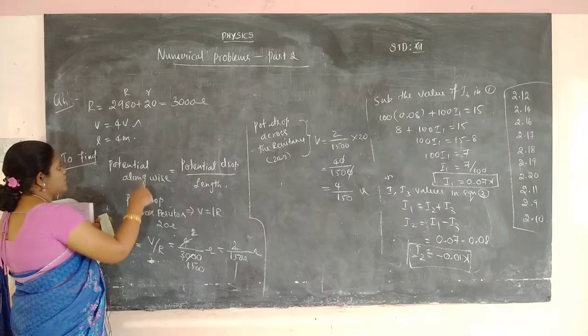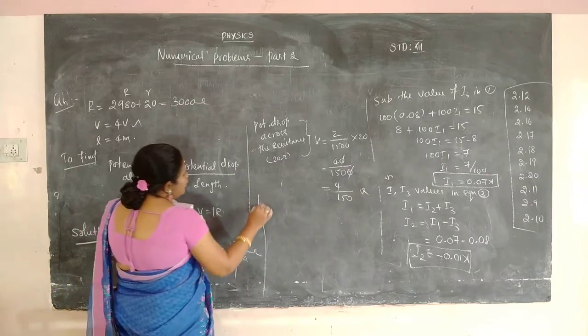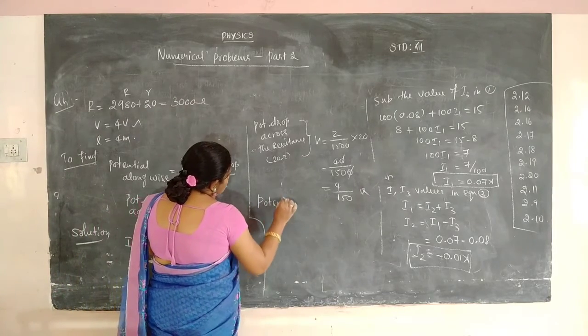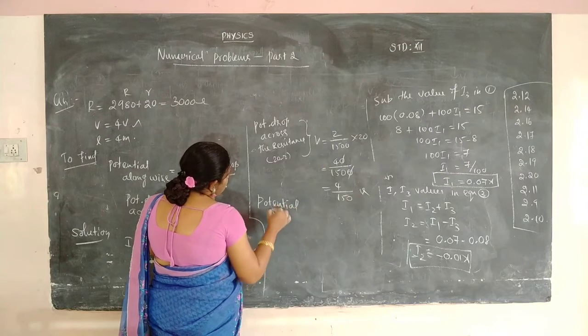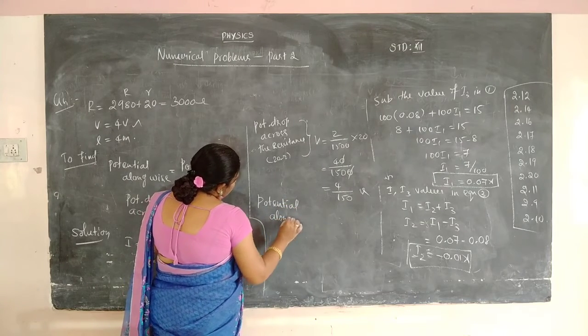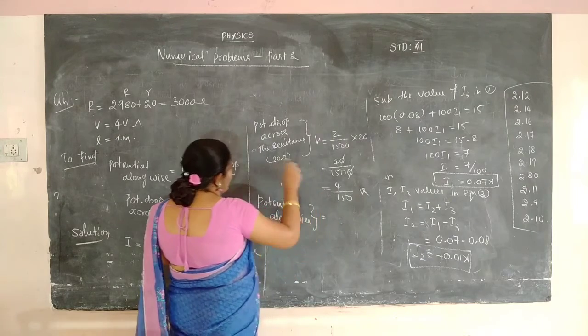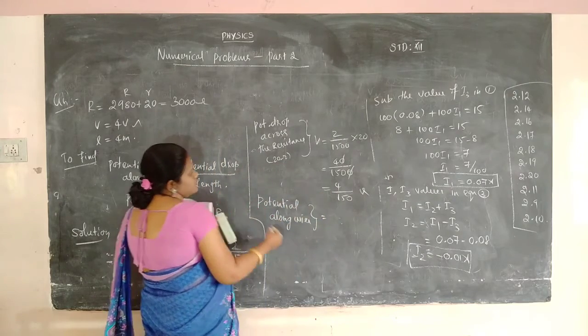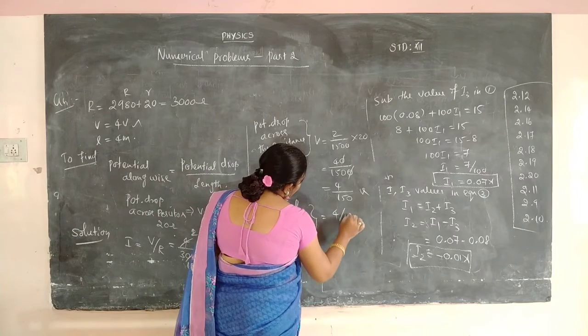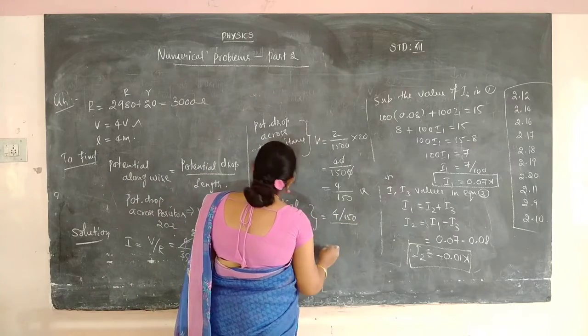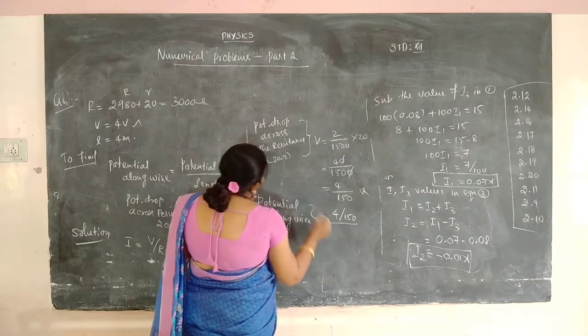We want to calculate potential along the wire. Potential along the wire is potential drop across the resistor by length. So potential drop across the resistor 4 by 150, by length, which is 4 meter.